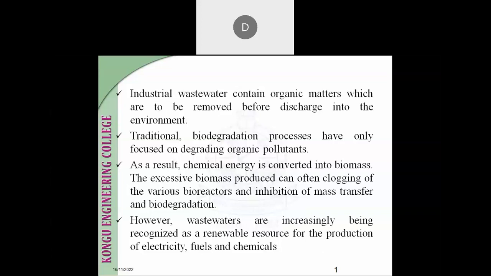Okay, so we can associate the energy problem with other major issues confronting the developing countries. Of course, as we have discussed, many materials end up wasted. As I told, most of the industries are releasing waste, which may cause pollution, right?